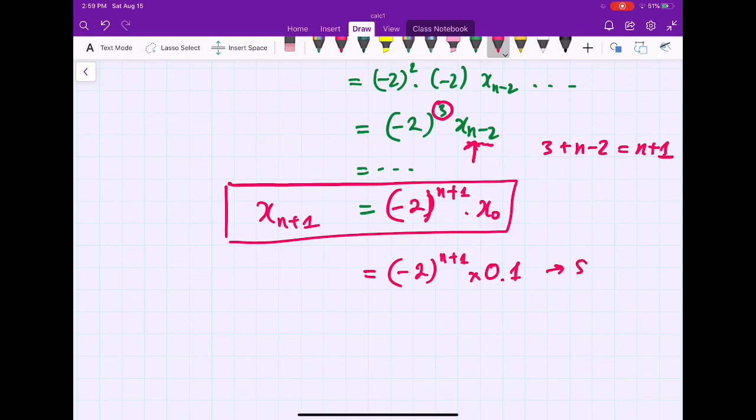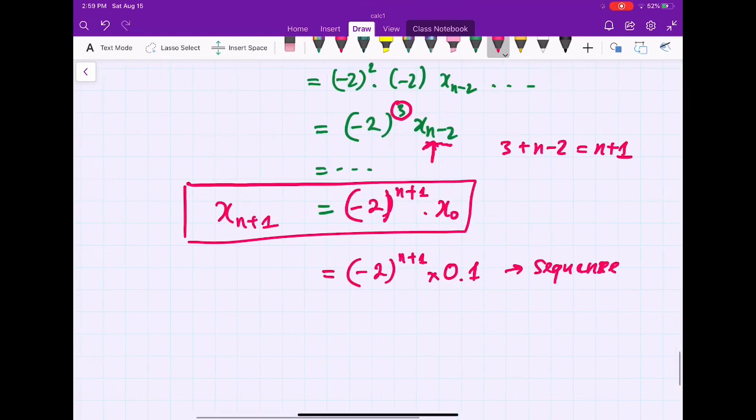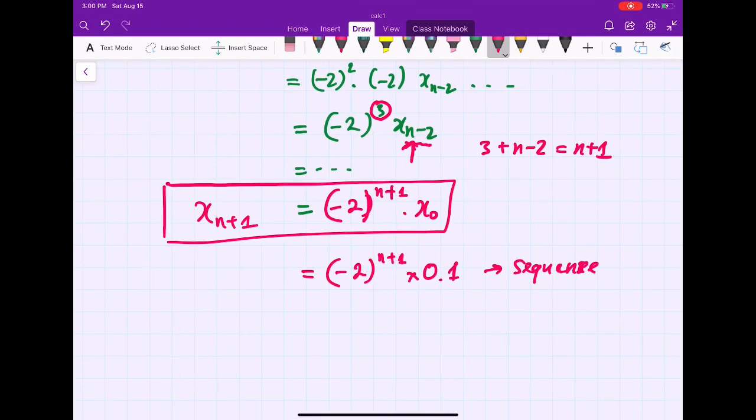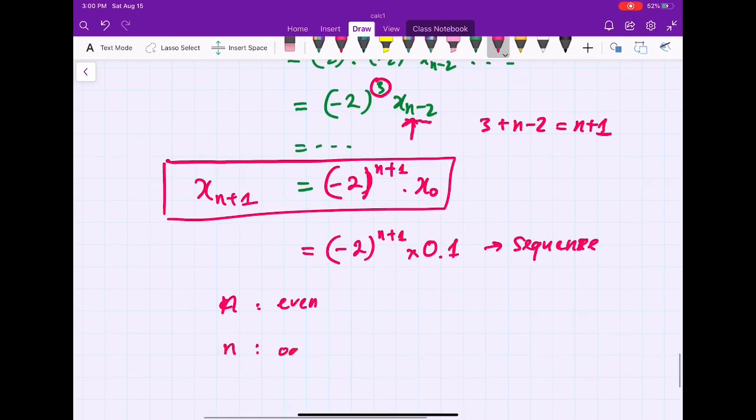This sequence does not converge to any point. Okay, so you can see that obviously, you might pick even n's, or you might pick odd n. When n is even, this value is just negative 2 times 0.1, which is negative 0.2.